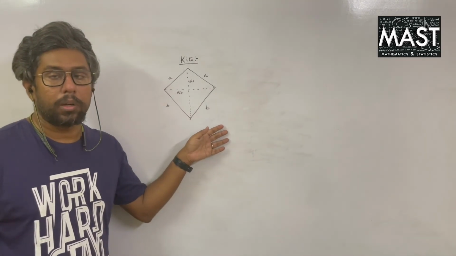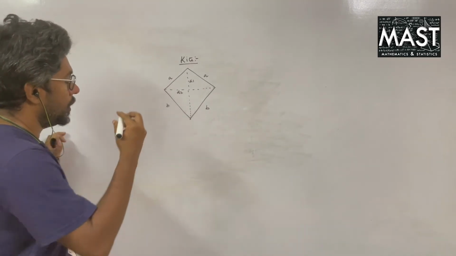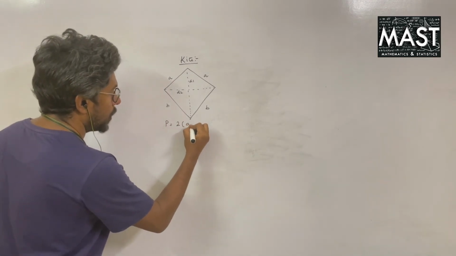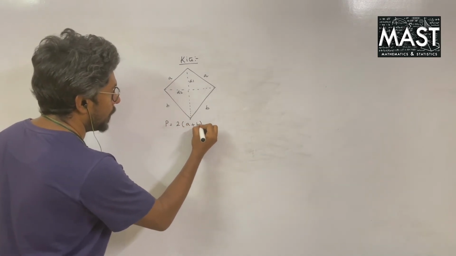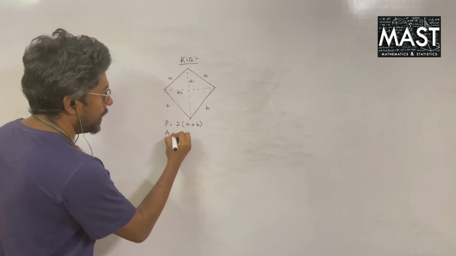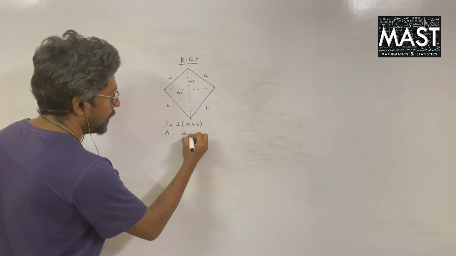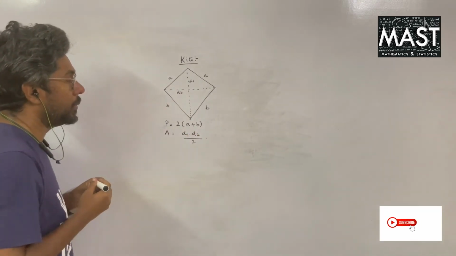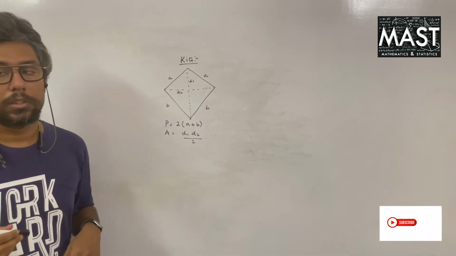Now we'll be talking about a kite. The perimeter for a kite is given as 2 into a plus b, where a and b represent the corresponding sides, and the area is given as d1 into d2 by 2, where d1 and d2 are the diagonals.